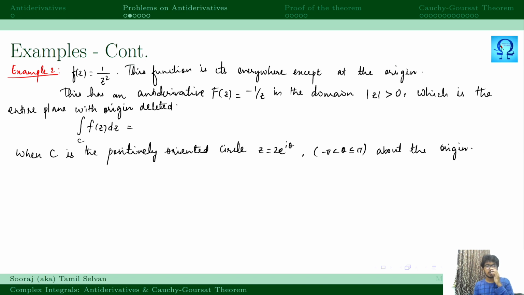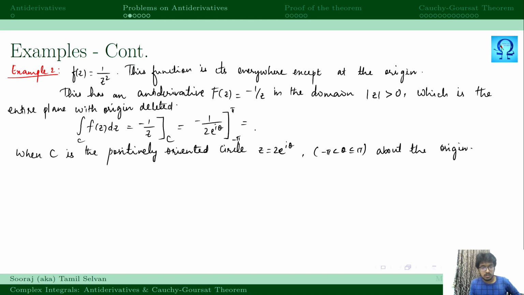If we have to do the integration, we just parameterize things and do the calculations. We know the antiderivative is minus 1 upon z. We cannot directly do the calculations, so to evaluate over C we parameterize: we substitute z equal to 2 e to the power iota times theta, so minus 1 upon 2 e to the power iota times theta, where theta changes from minus pi to pi.